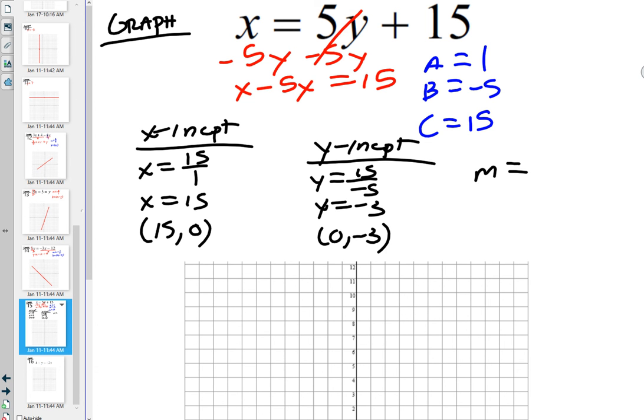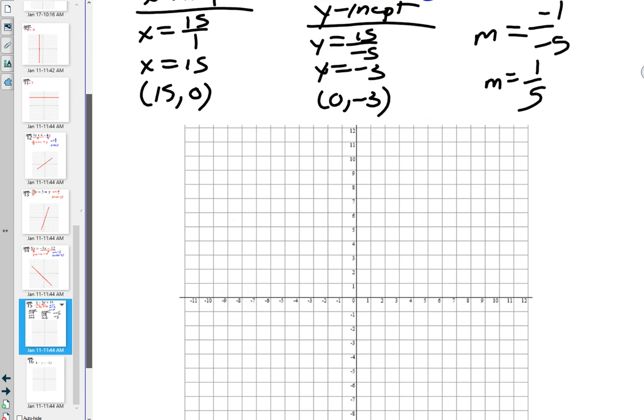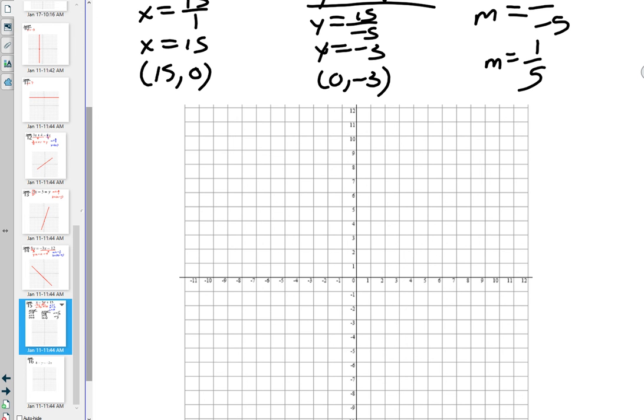It's negative A over B. Change the sign of A, so it'll be negative 1 over negative 5, which is the same thing as saying 1 over 5. So really, I could just do 0, negative 3, but then for my slope, go up 1 and to the right 5.